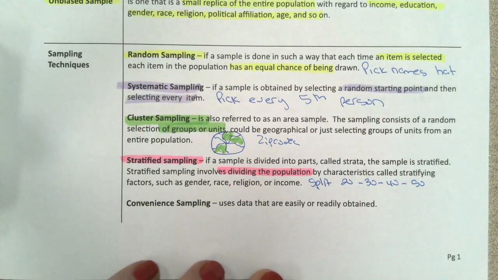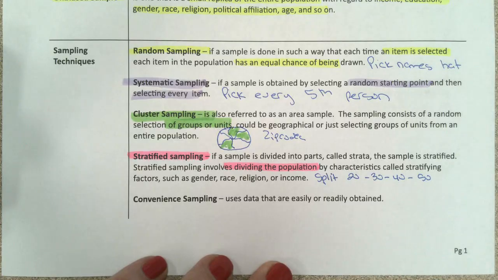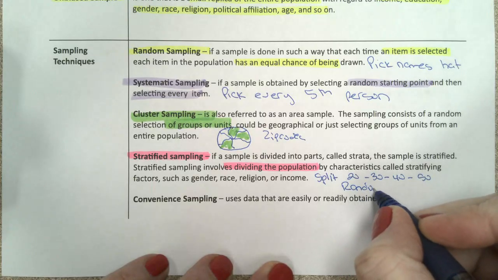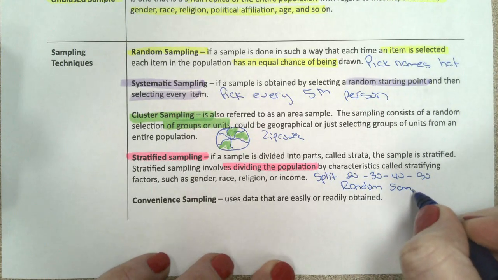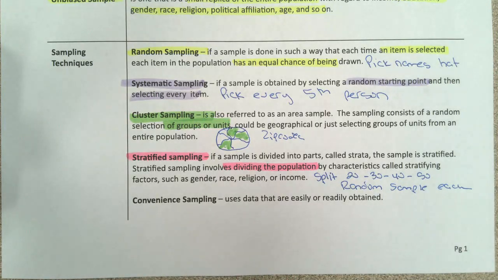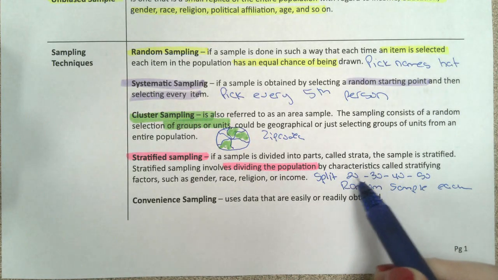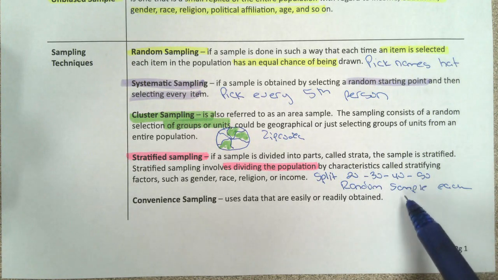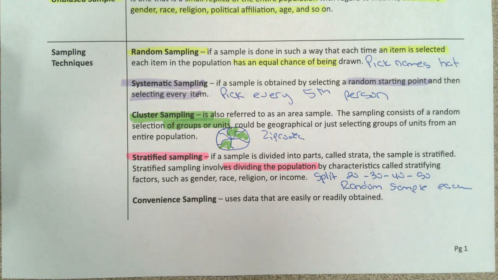And they were talking about their financial status. And then they're going to do a random sample from each one of the people in their 20s, 30s, 40s, and 50s. So you're going to split them and then do a random sample.